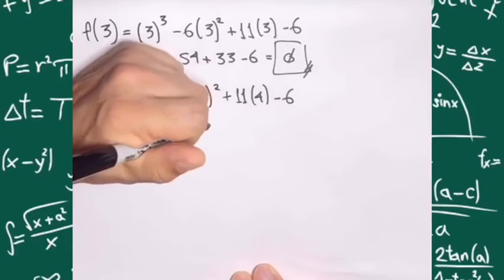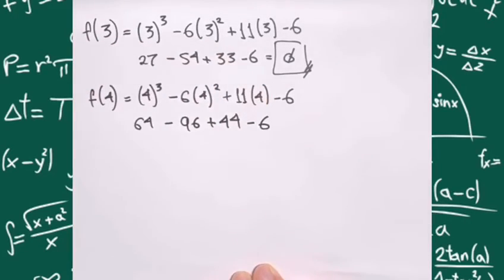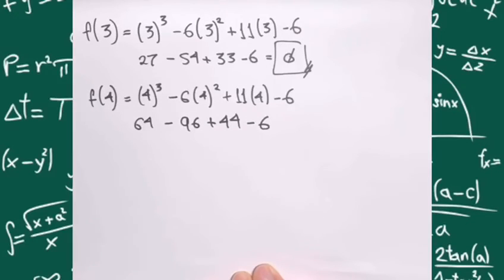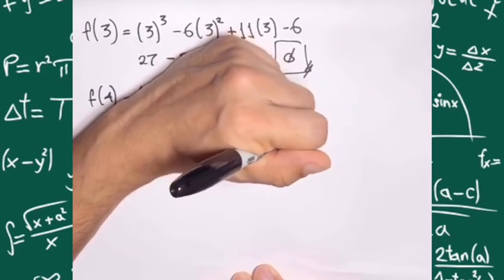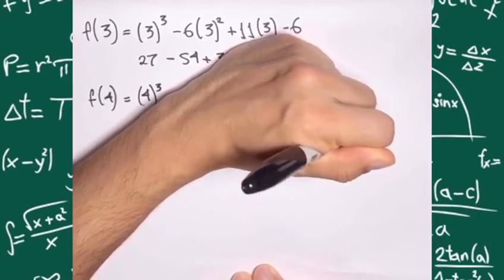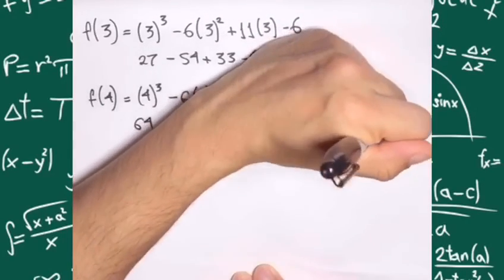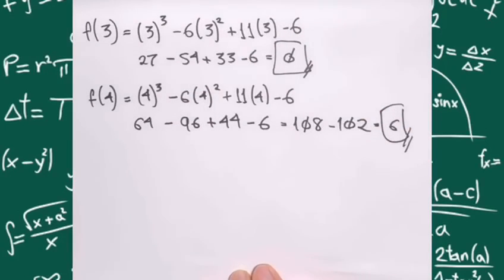So 16 times 6 is 96. Plus 11 times 4 is 44, minus 6. Again, associate positives. 64 plus 44 is going to be 108. And then on the other side, you're going to have minus 96 minus 6, which is minus 102. Just solve that. 108 minus 102 is going to be 6. And there you go. See you on the next one.